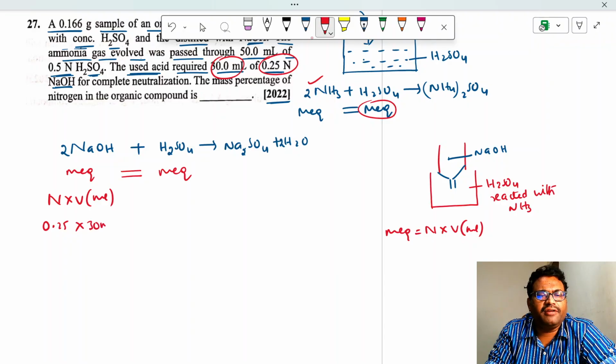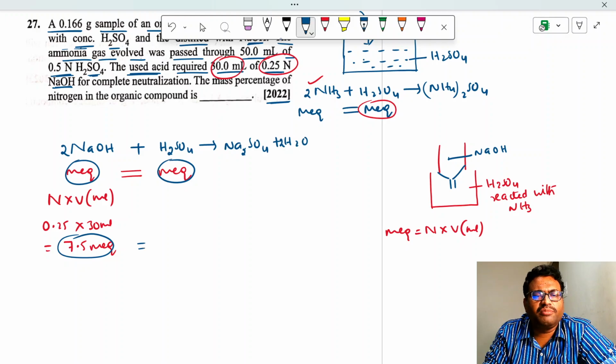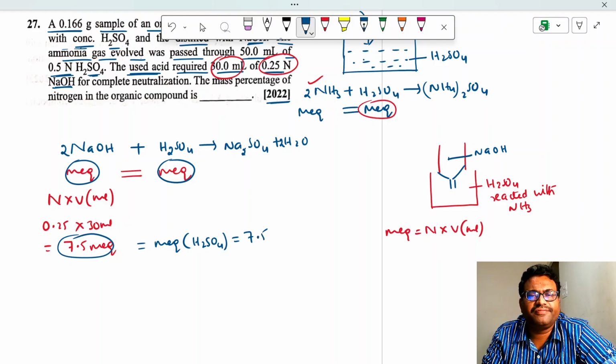So 30 into 0.25 gives you 7.5 milli-equivalents. Since milli-equivalents of NaOH is 7.5, the milli-equivalents of H2SO4 will also be 7.5. So these 7.5 milli-equivalents have reacted with the ammonia.